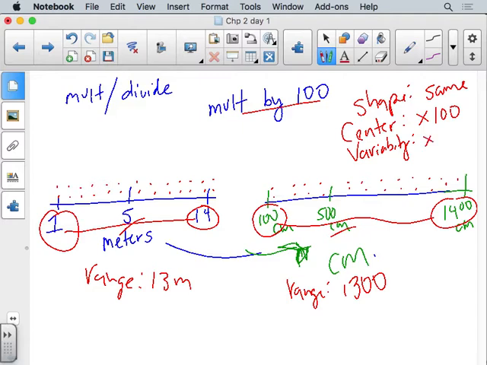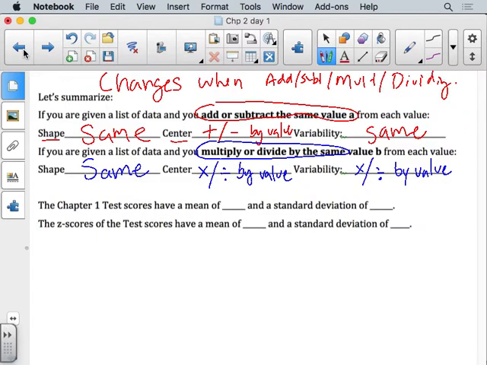My range got multiplied by 100. So the shape stayed the same, my center multiplied, and my variability multiplied. So anytime you multiply, the center and spread change. When you add, the center changes, but the spread just stays the same. So me curving everything, the spread doesn't change.